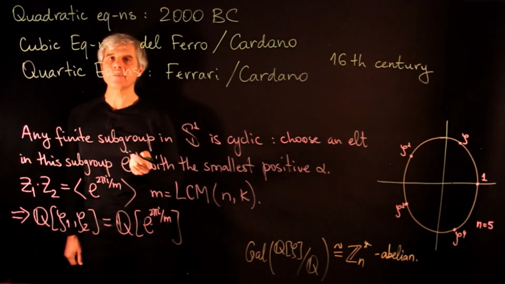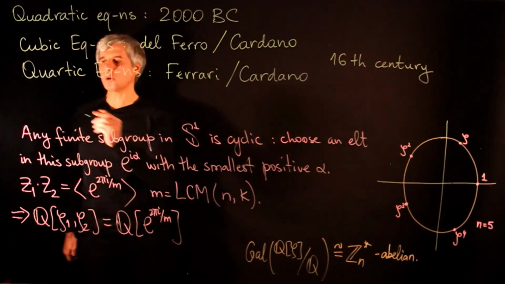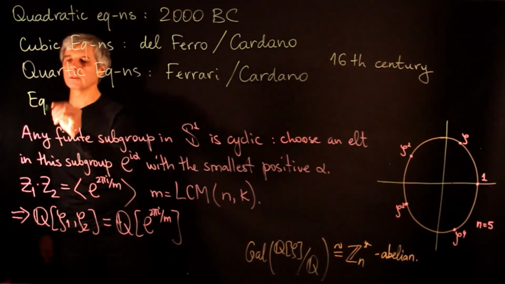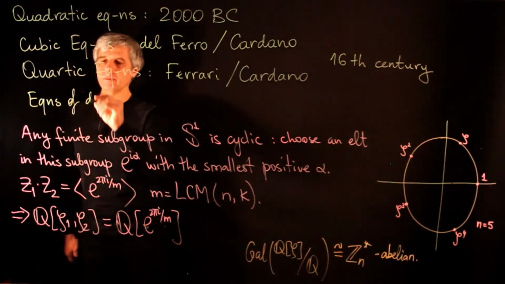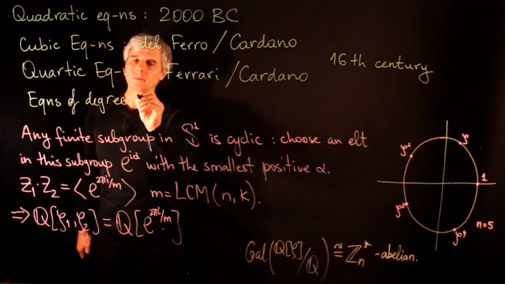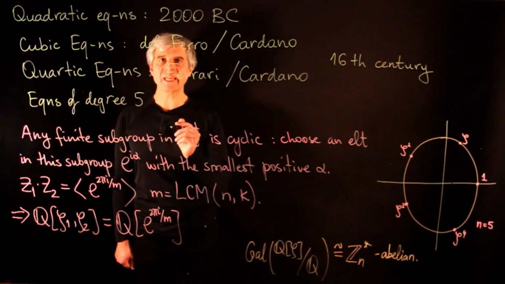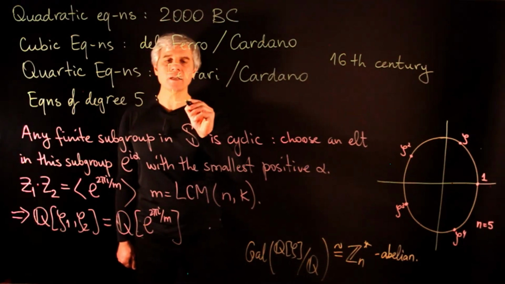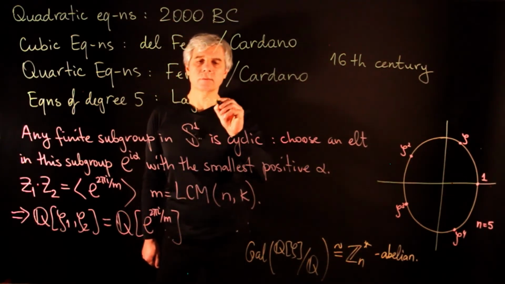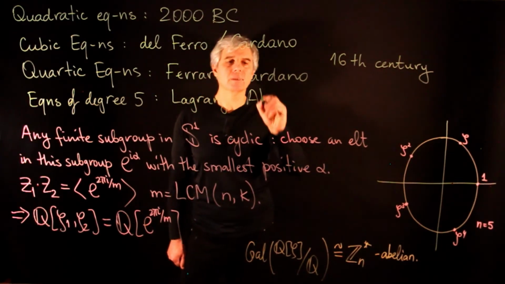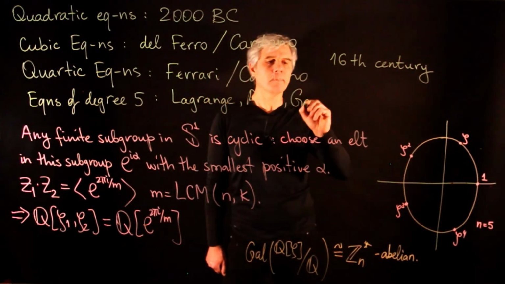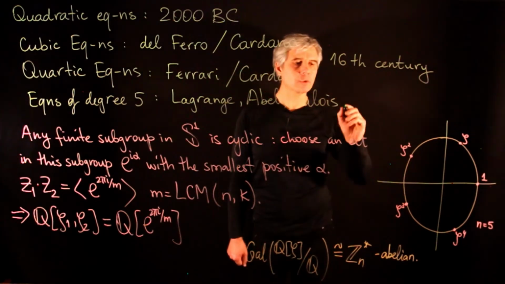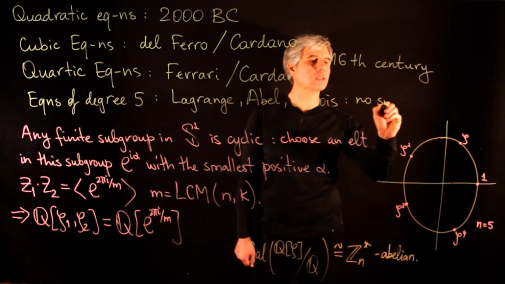For a long time, people tried to generalize these formulas to equations of degree 5. These attempts continued until the 19th century, when Lagrange, Abel, and Galois were able to show that no such formula exists.